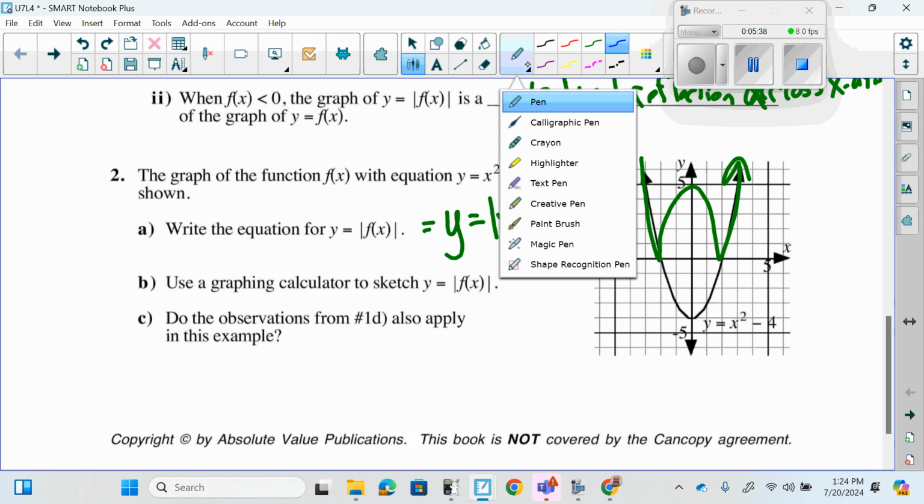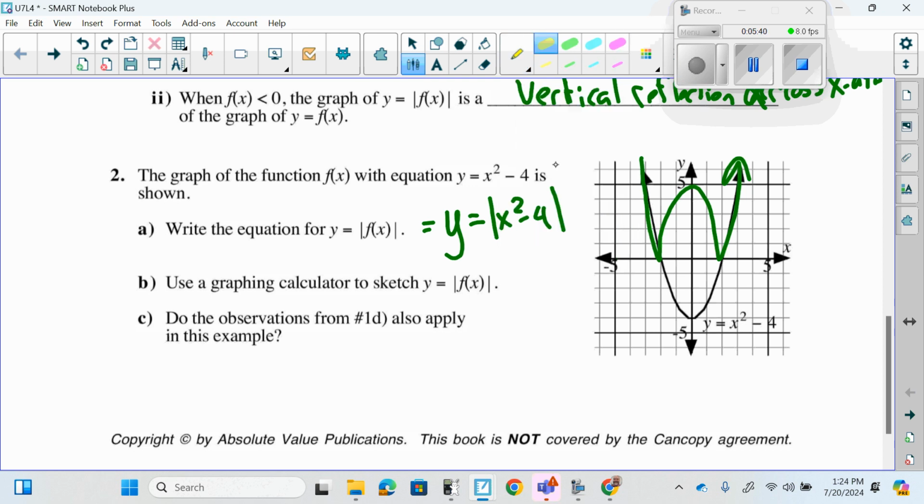So in this part, it comes down like that, and then up there. In this middle part, it's a reflection. So in the outside bits, it's the same, but in the middle part, it's a reflection. So that part just comes up. So yes, it works. The same thing we saw in that last part works here.